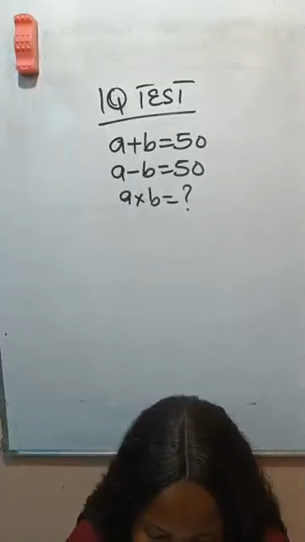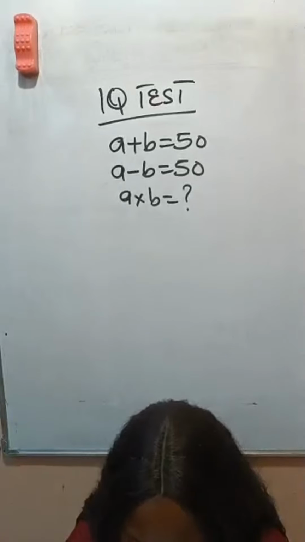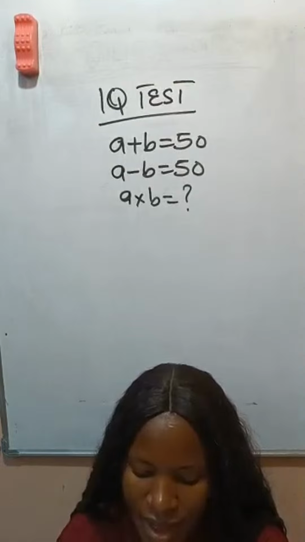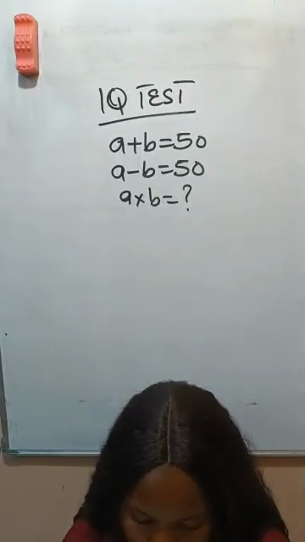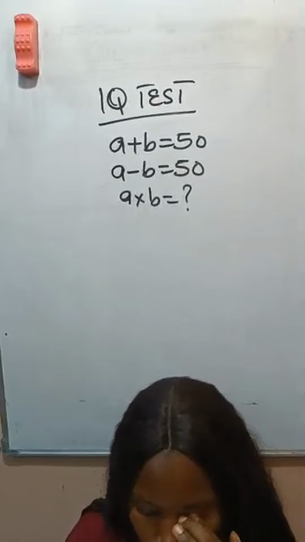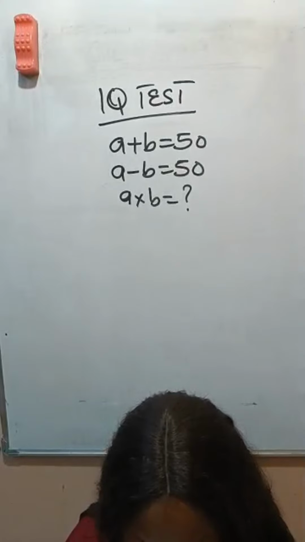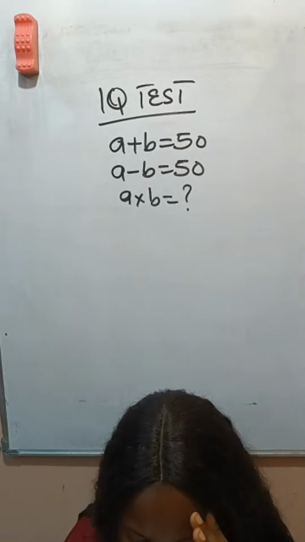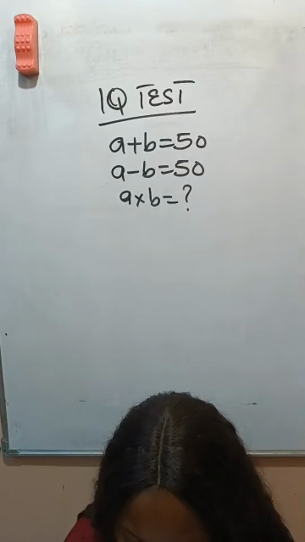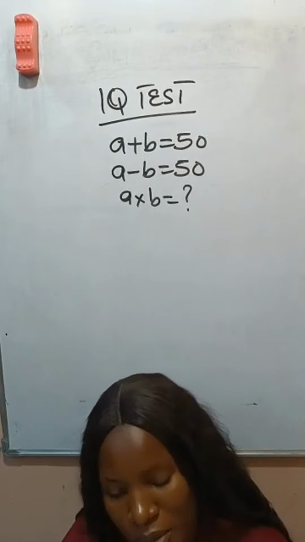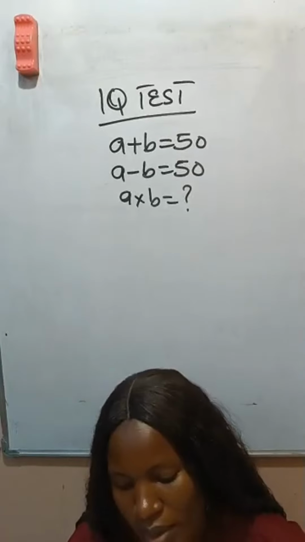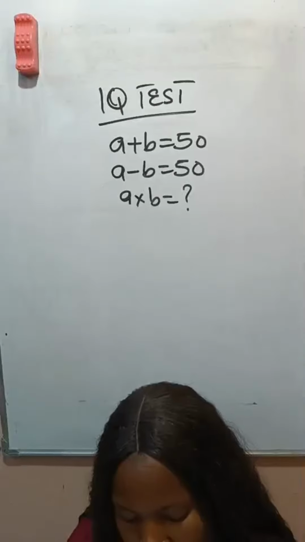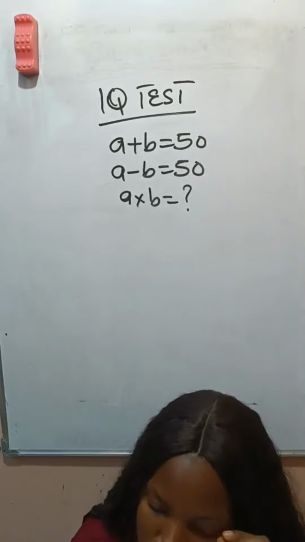Okay. Mr. B says A is 50, B 0. Yeah, I also think so. Okay. RRR Gaming 9 says it's 0. Wow. Hi, Gaming 9, you are highly welcome. Thank you for joining us. Please subscribe to the channel, guys, if this is your first time of seeing us.